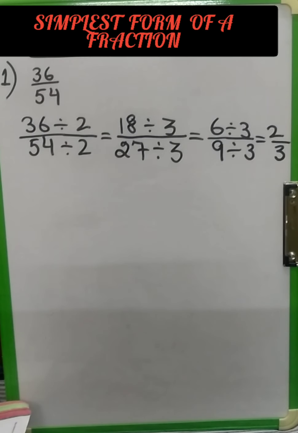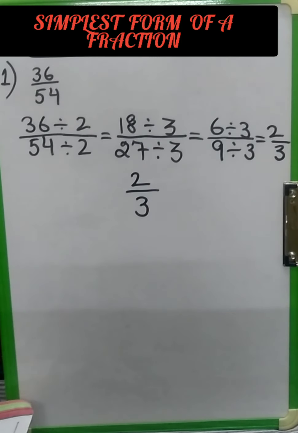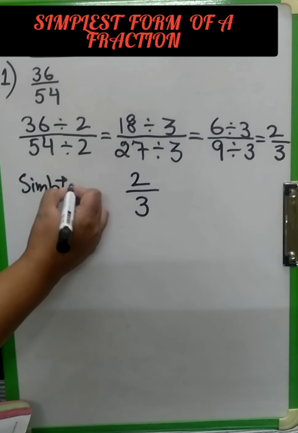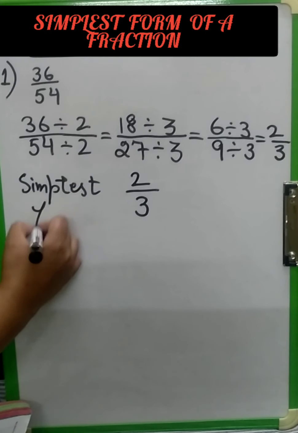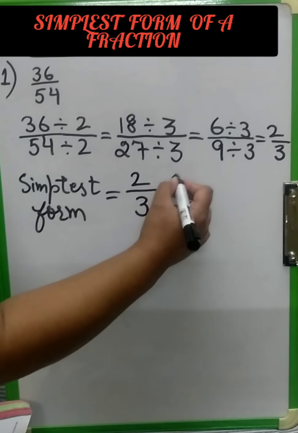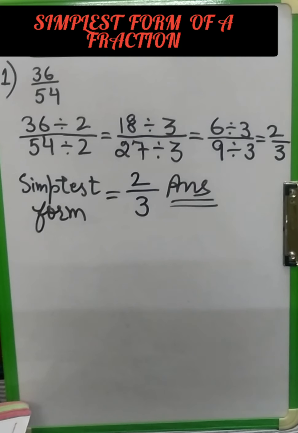So what we have got, 2 upon 3, is the simplest form of 36 upon 54. So you will write down that the simplest form is 2 upon 3.